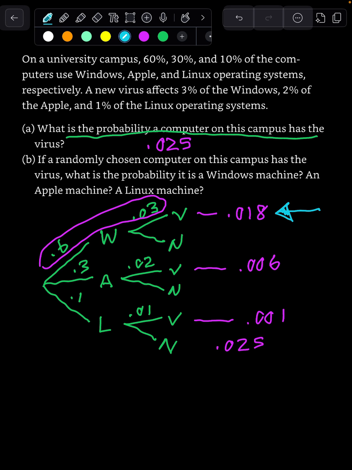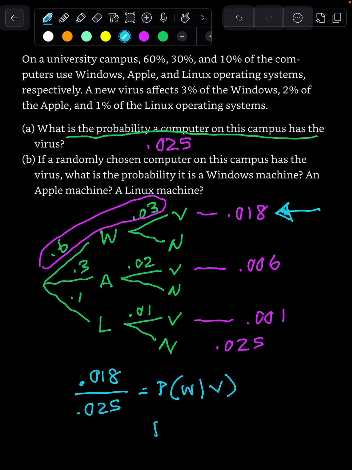What is the chance it is in that branch right there? So that probability would be 0.018 over 0.025. And again, that's the probability that it is a Windows machine given that it has the virus.